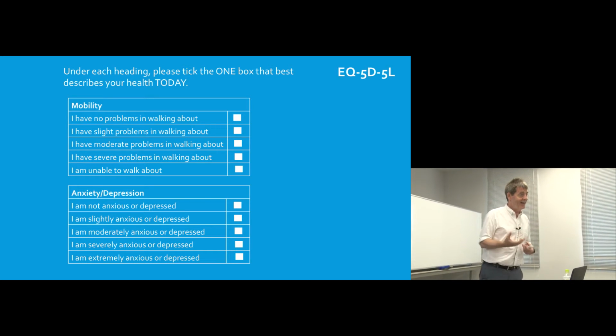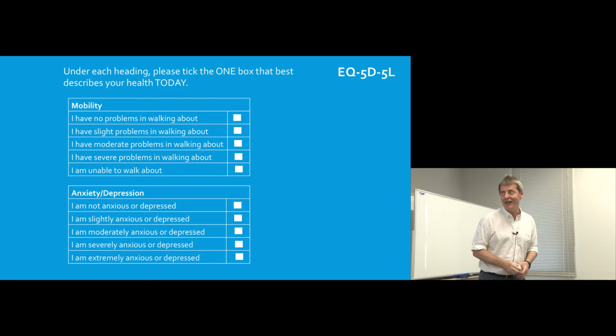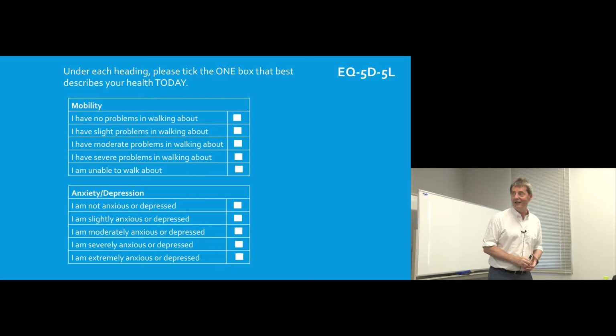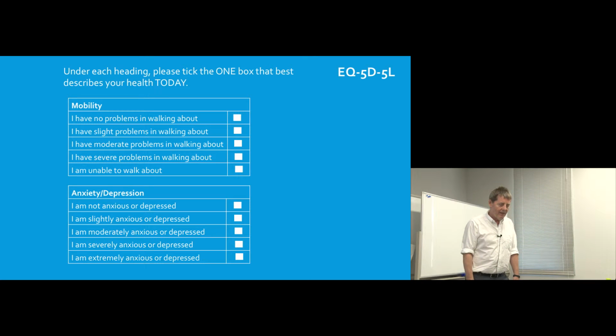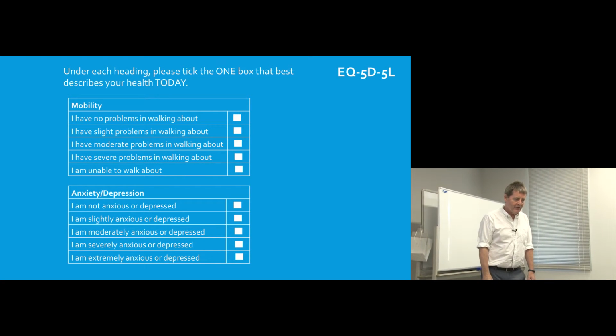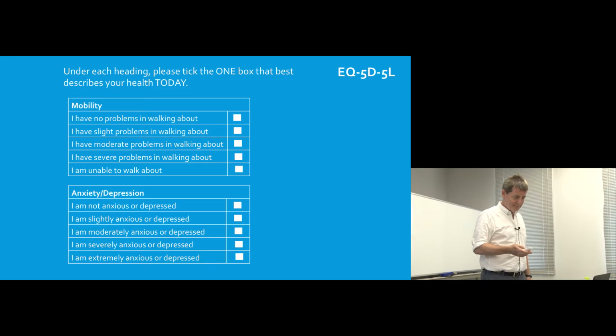So maybe linguistically, the difference between the Chinese equivalent of severe and the Chinese equivalent of extreme is much more transparent. I don't know. But certainly in England, there's some evidence that respondents found this distinction between severely and extremely slightly challenging.